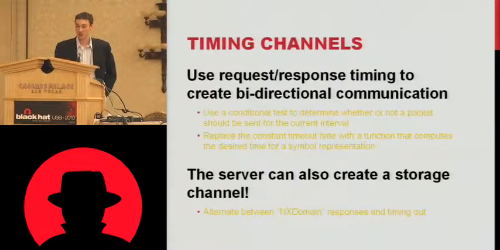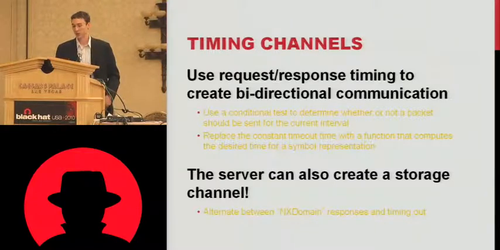Now, for bidirectional communication, the first technique you can use is timing channels. You're able to use a conditional test to determine whether or not a packet should be sent for a current interval, or once again, in that set timeout call where I had set timeout every second, you can replace that second with a function that generates how long a timeout should be to represent some symbol that you want to send out.